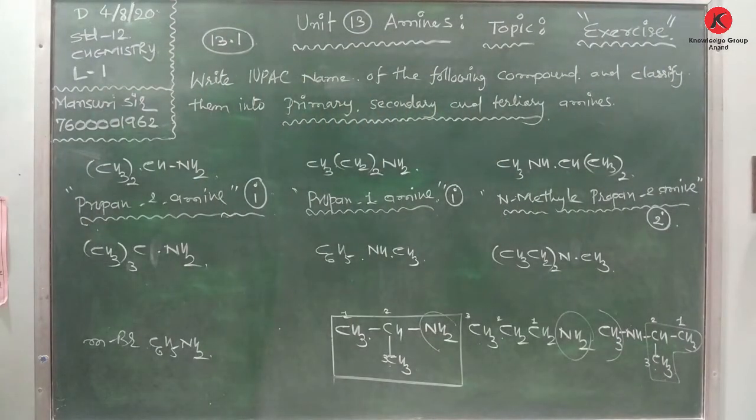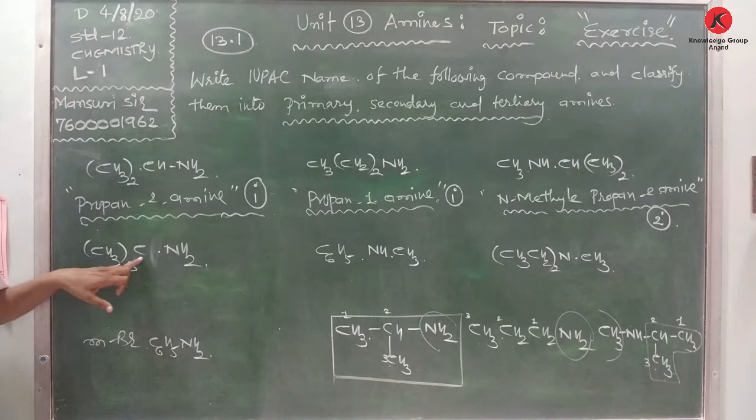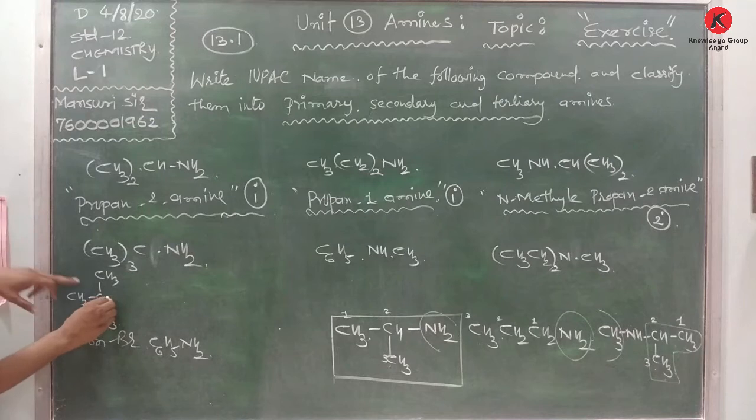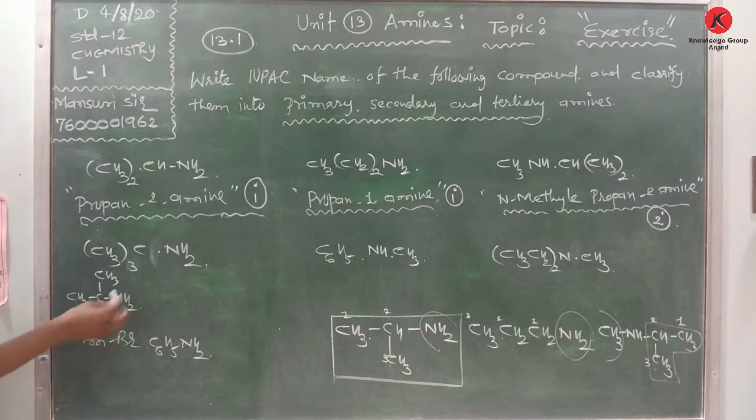Okay, thereafter we move to (CH3)3 C NH2. That means this carbon contains 3 methyls like this: CH3, CH3, CH3, and this C contains NH2. So this is also a primary amine.